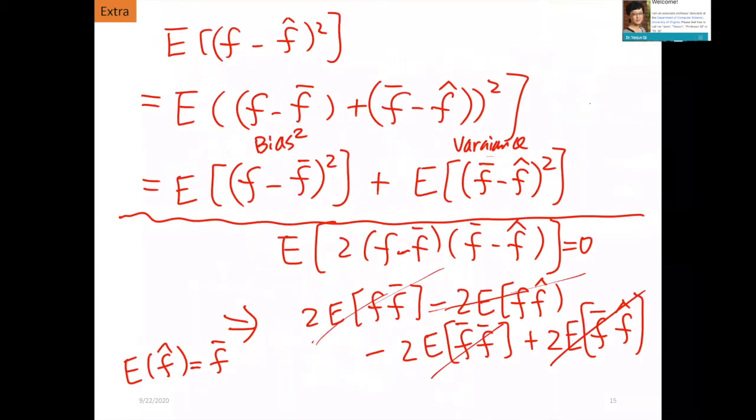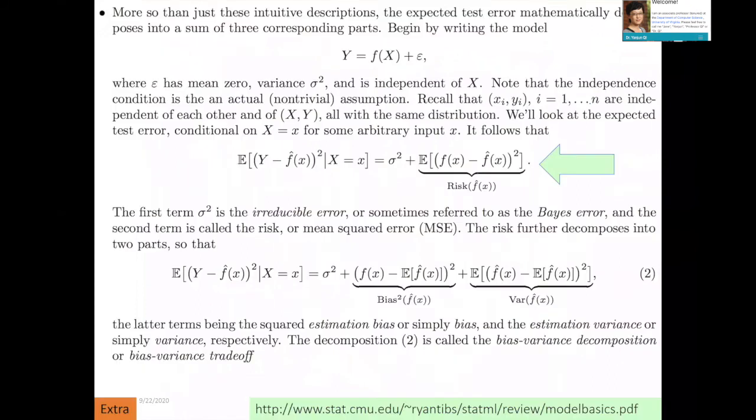All right. In the end, I want to show you this. This is my EPE error. The first term is the base error. The second term is f of x minus the expectation, which I showed as f bar, just to make it shorter.